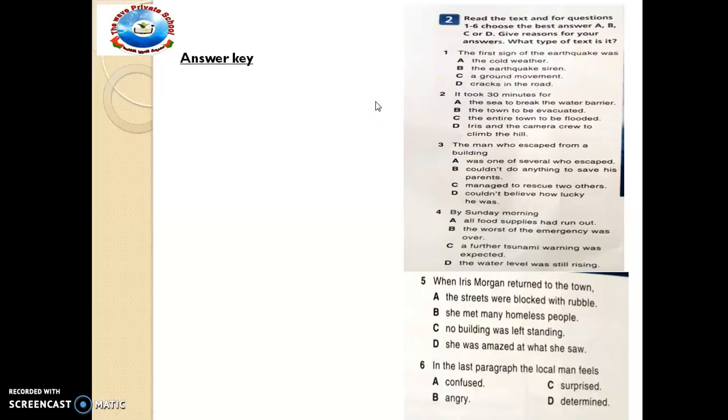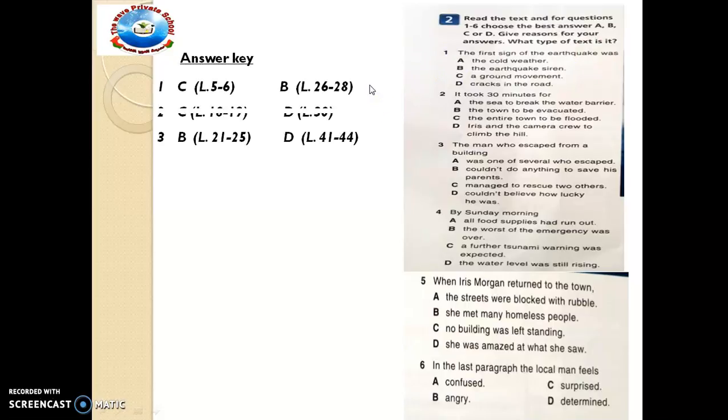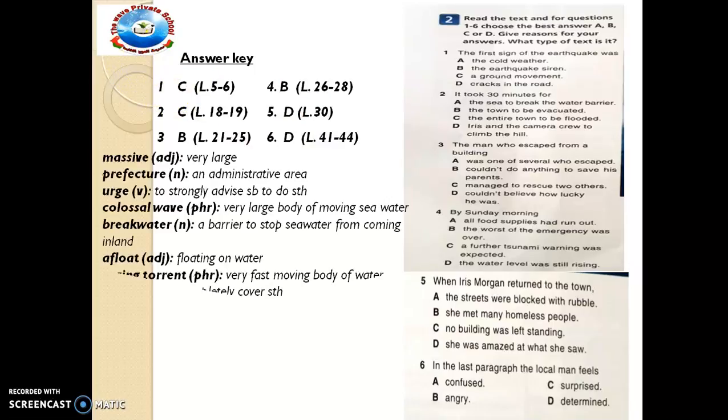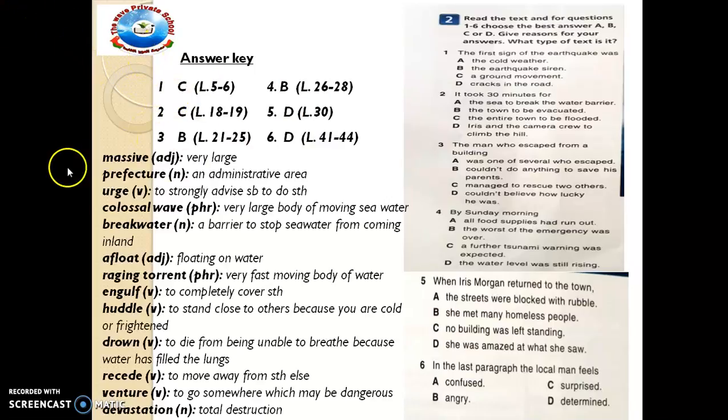So I want you to do it, then you can check. Yeah. So these are the reasons. Number 1 is C, and from line 5 to 6. 2 is C from 18 to 19. And 3 is, that's why I have asked you from the beginning to read that test. Read it. You'll see where these answers were gotten from and the lines they were taken from. Okay? Now, what is massive?